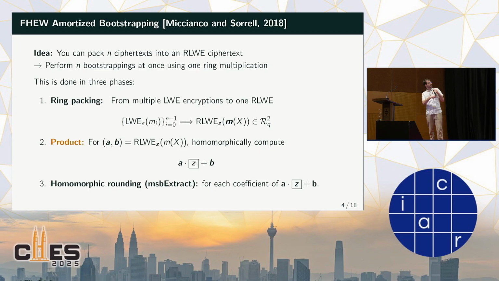And you homomorphically compute A times Z, where Z is an encryption of your secret key, plus B, right? And then you do a homomorphic rounding, or an extraction of the most significant bits, to get the right coefficients of your polynomials.